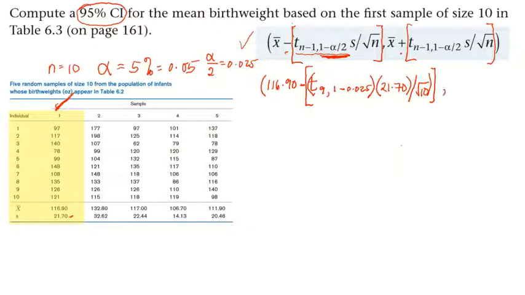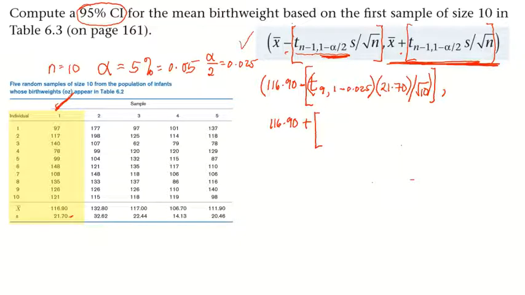I'm just going to write it here at the bottom. Okay, so for this portion now, you still have 116.90, but this time we are going to add.